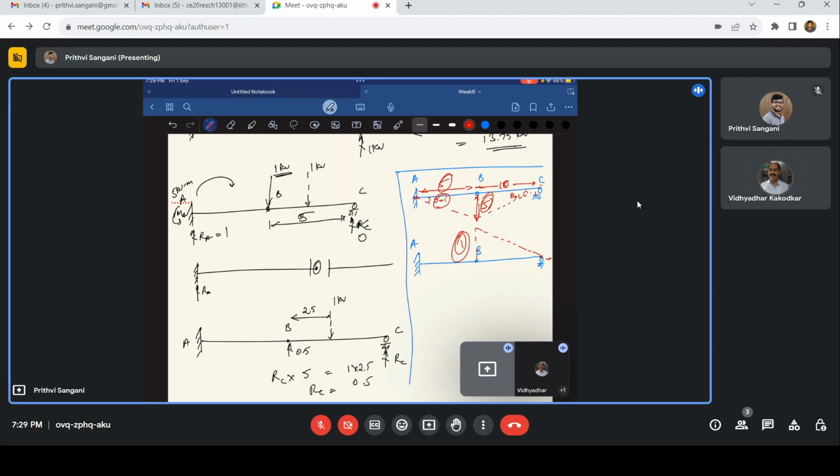We call that the absolute maximum, because in influence line diagrams we usually pick a point and ask what the maximum bending moment is at that point. But when we want the maximum bending moment all along the span, we call it the absolute maximum bending moment. We'll solve some problems on that.